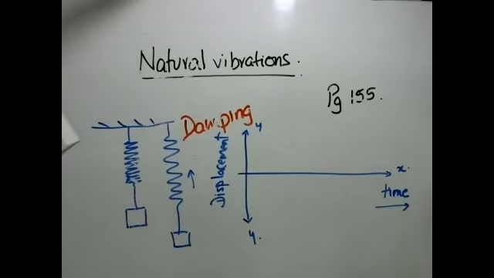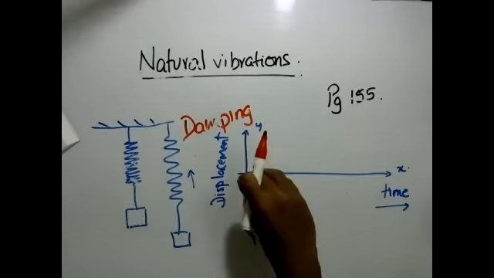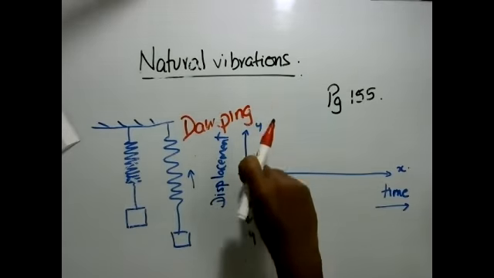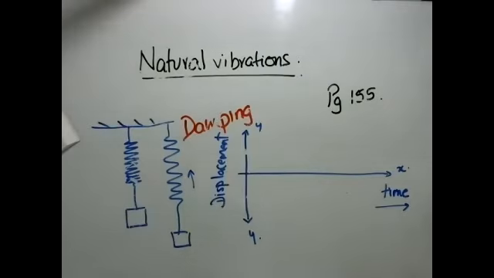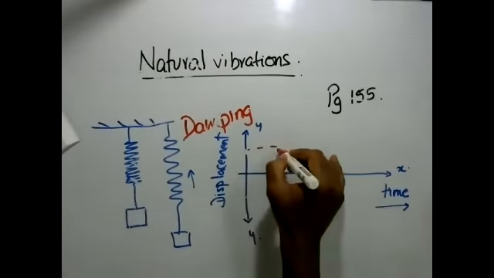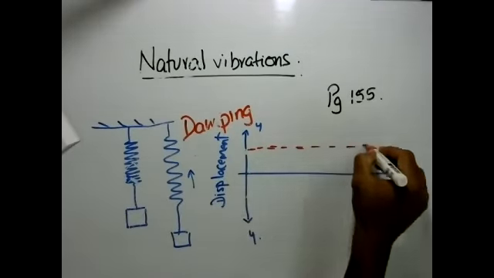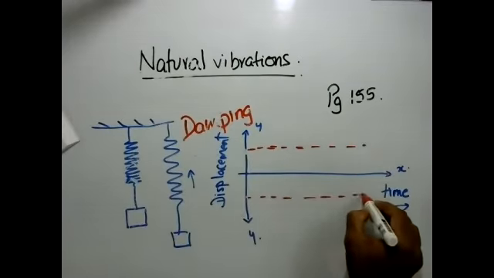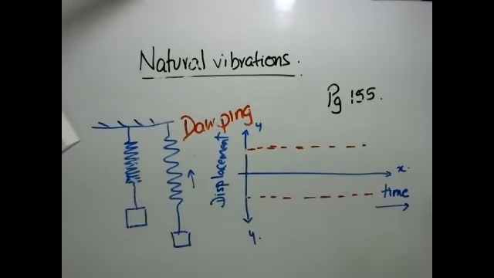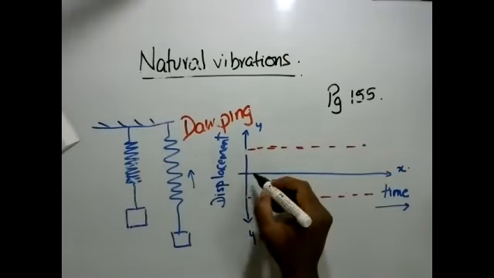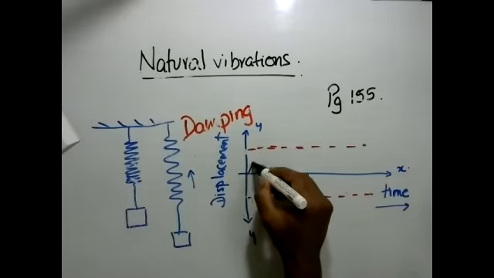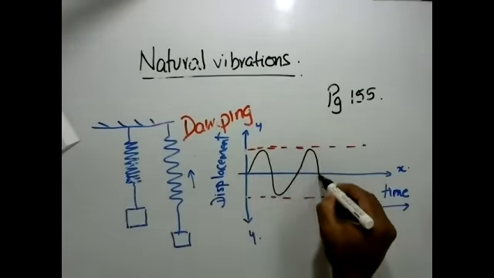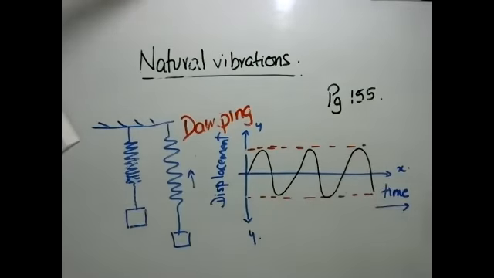So we'll measure some height, and we fix the amplitude to that particular height, both about its mean position. So if you see a sound wave that is being produced which has natural vibrations, it's going to kind of look like this.